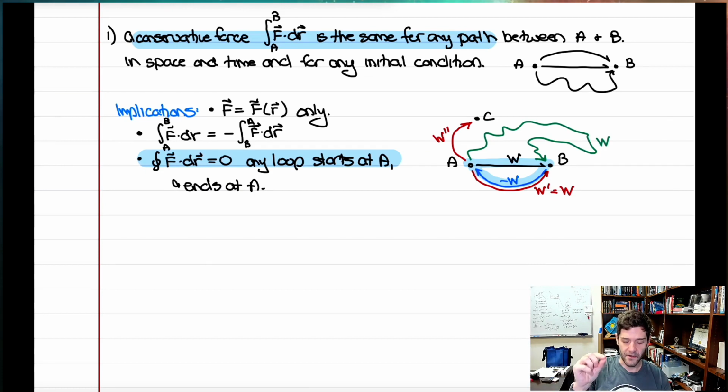So it seems that the only thing that is determining the total amount of work that's being done is the endpoints. Tell me what the endpoints are, and that will tell me how much work is being done.